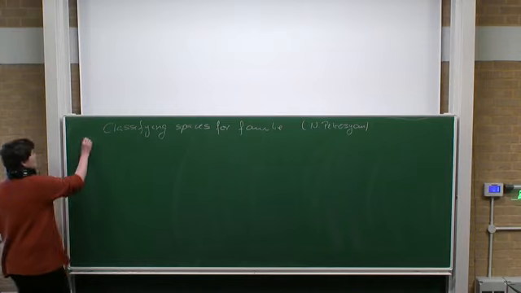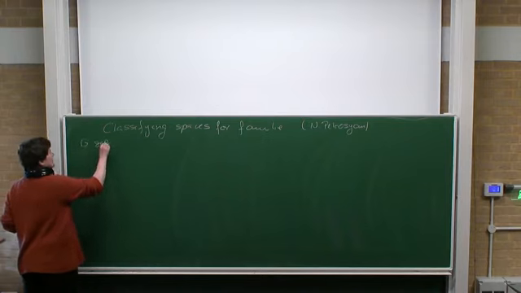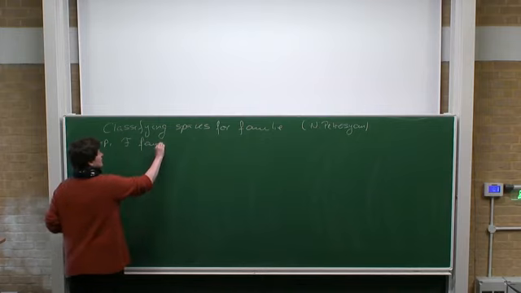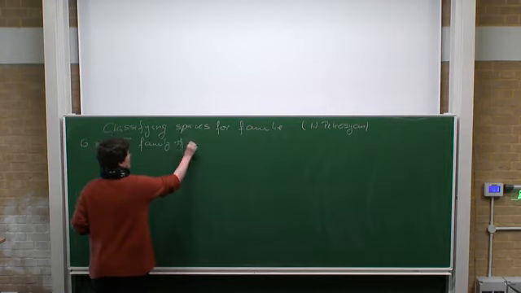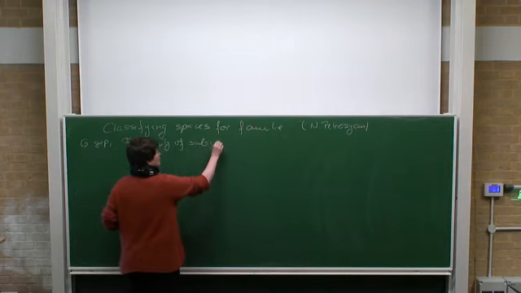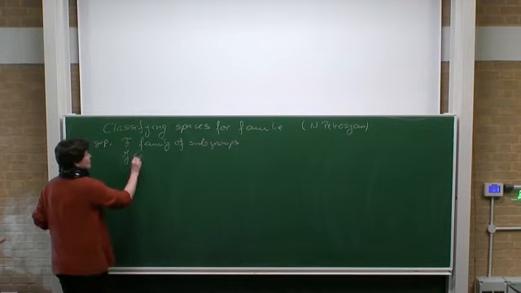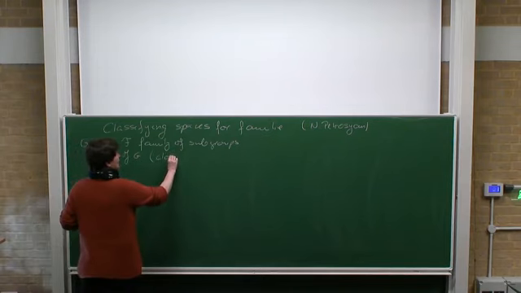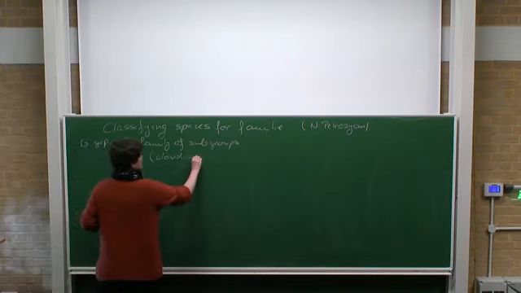So G is, as usual, the group. And we take F as a family of subgroups of G. What we ask for it to be is closed under subgroups and conjugation.